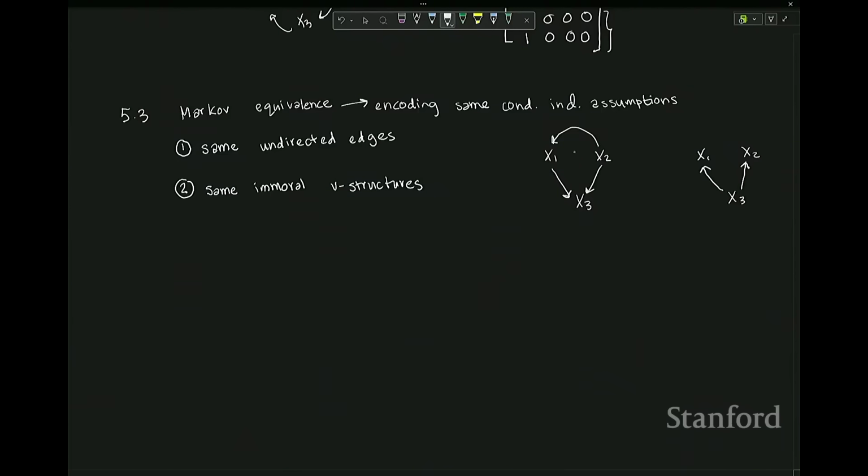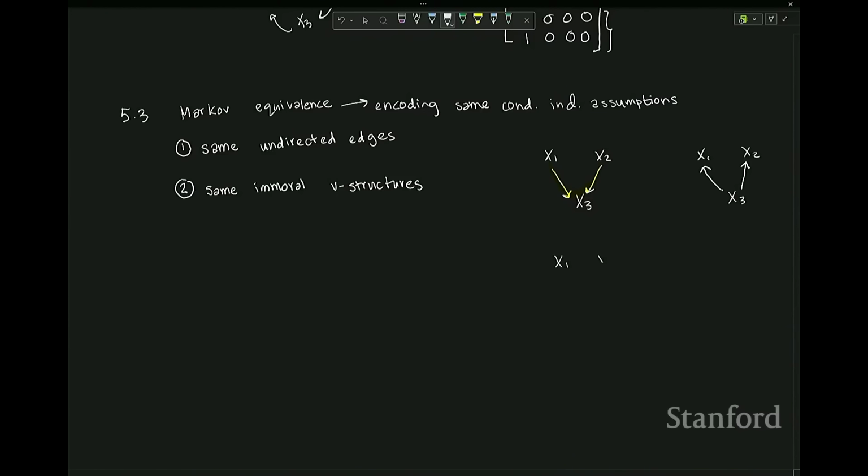But as it stands in the example, this would be an immoral V structure. And so because of the second criterion, we would say that these two graphs are not Markov equivalent, since in this one we have an immoral V structure here, and here we actually have no immoral V structures. So those are not Markov equivalent graphs.